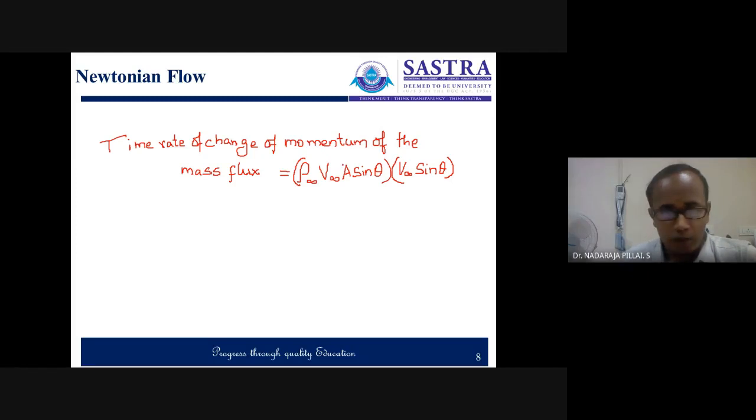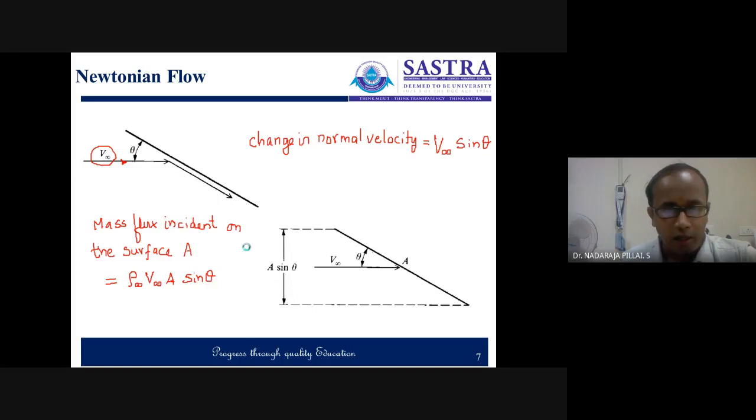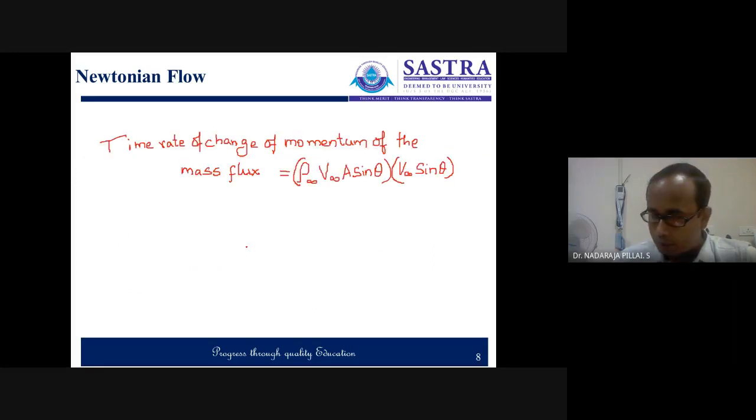We know that you can check whether it is dimensionally balanced or not. So the change in momentum is necessarily the rate of change of momentum. According to Newton's second law, the rate of change of momentum is directly proportional to the force. Now we can write this equation as rho infinity v infinity square A and sine square theta.